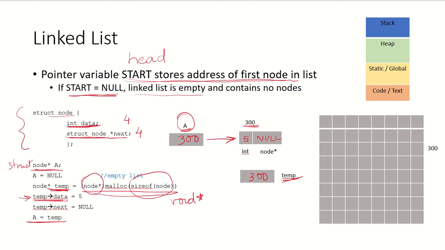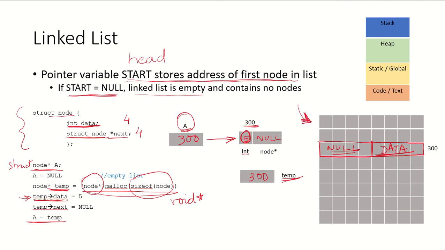So suppose it was created at address 300. That means the first 4 bytes are going to contain data. In this case it is 5, so the binary value of 5 would be stored over here, and a pointer to the next node, which is currently null.